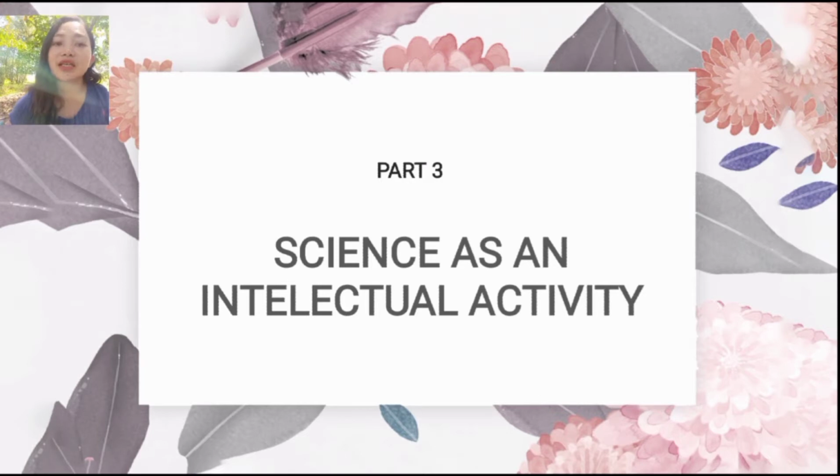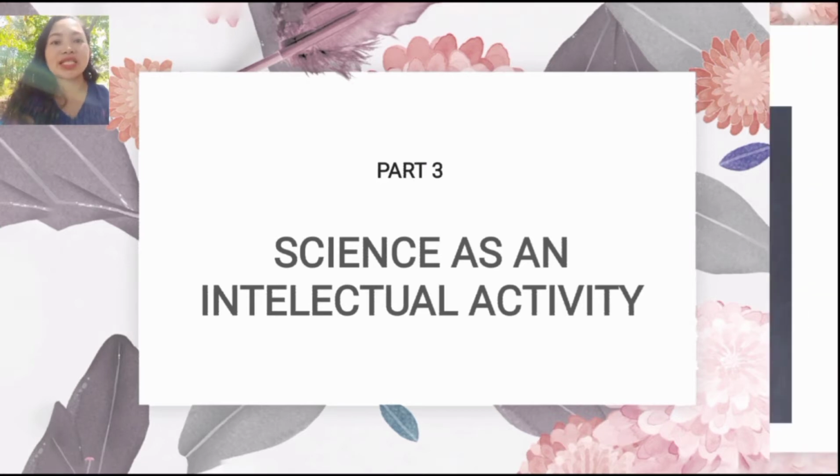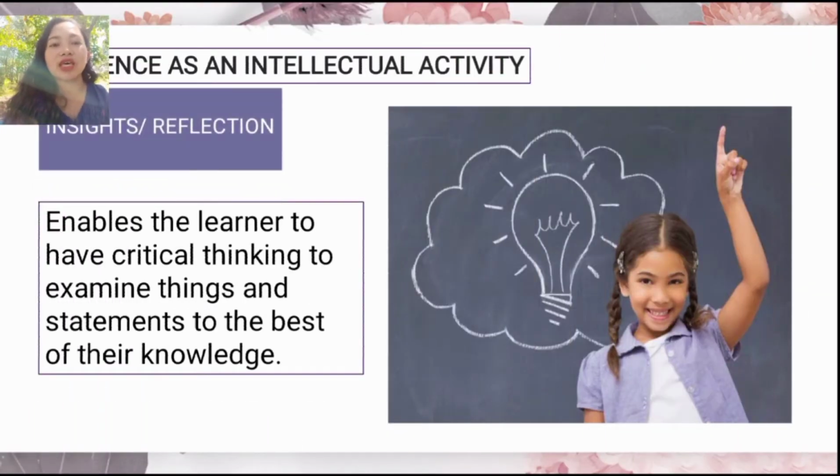So science is an intellectual activity. So when you say science as an intellectual activity, of course, science does not just give ideas, does not just teach students about the process. It also enables the learner to use their critical thinking to examine things and statements to the best of their knowledge.